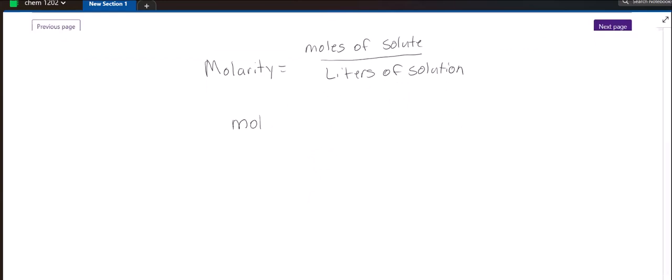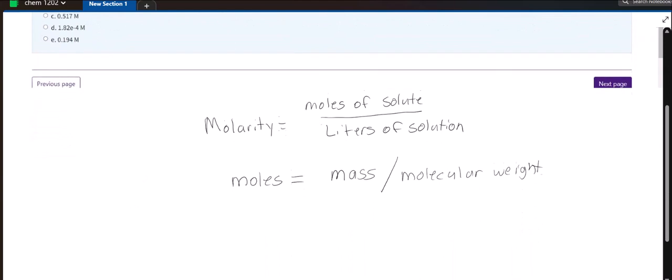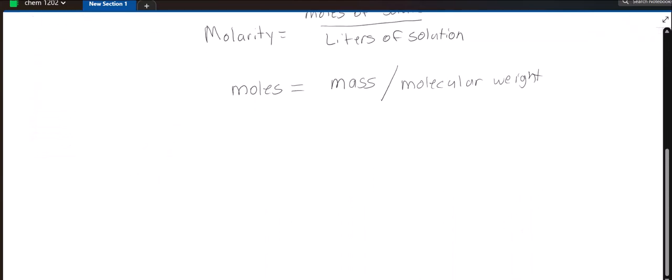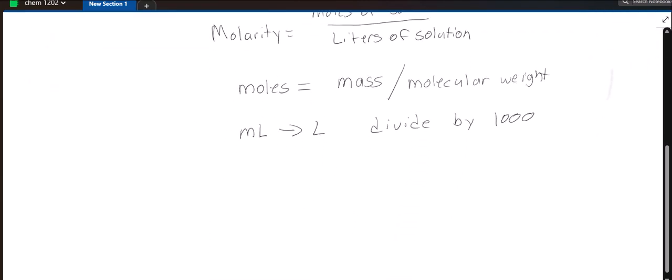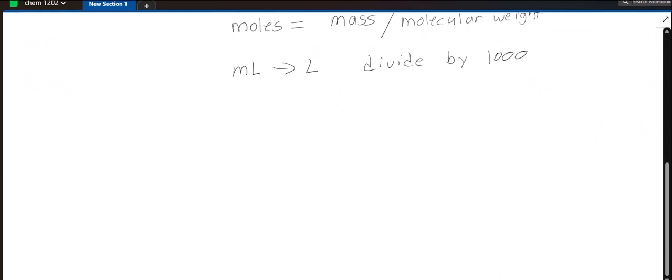So we need to know that moles equals mass divided by molecular weight. And we need liters of solution, and we are given milliliters, and so we need to know to go from milliliters to liters, you divide by 1,000.